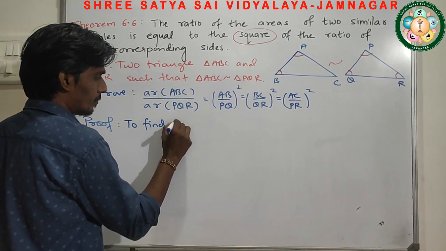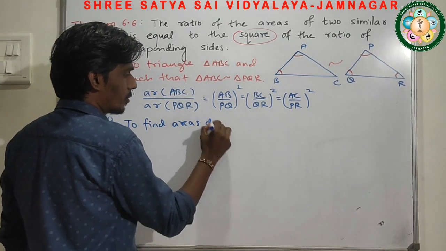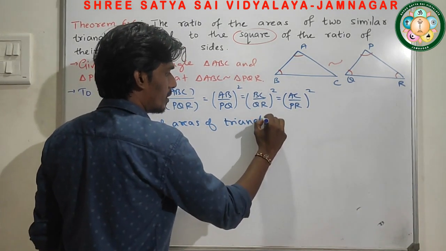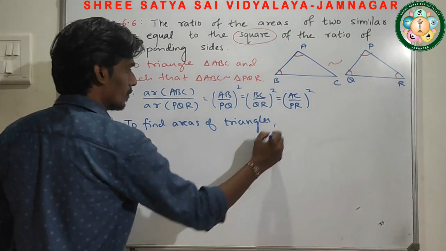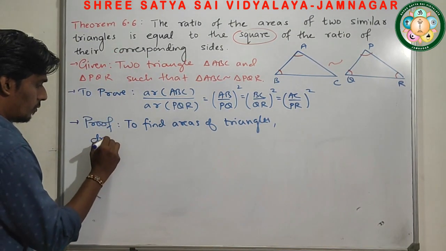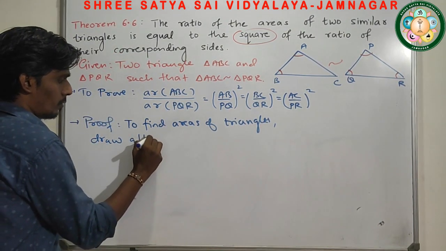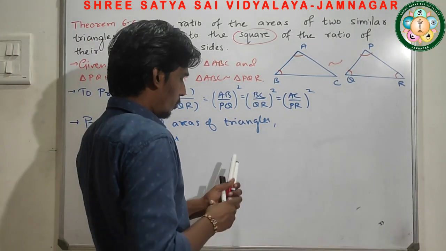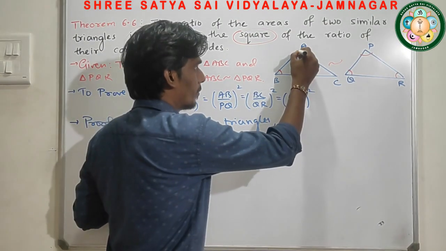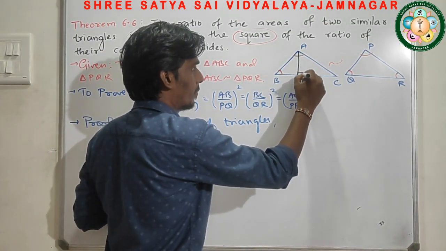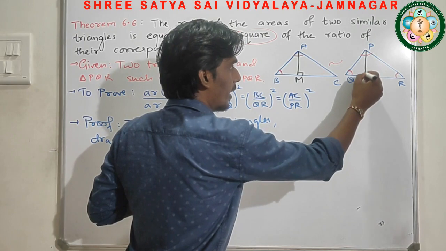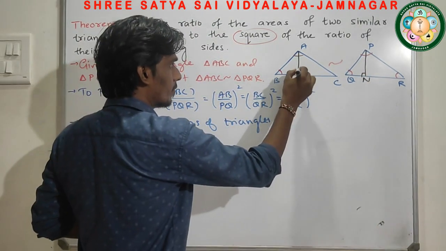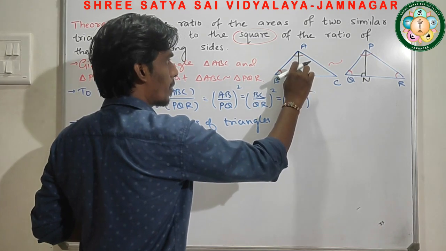To find areas of triangles, draw altitudes. Two altitudes we are going to draw. Let's give the names AM and PN. This is 90 degrees only because it's an altitude.